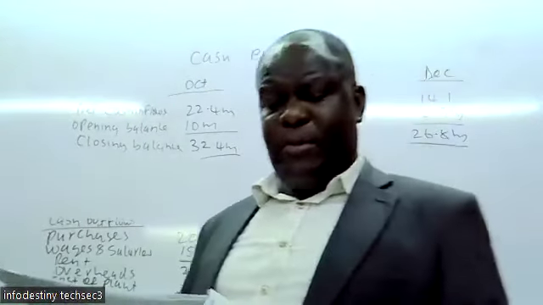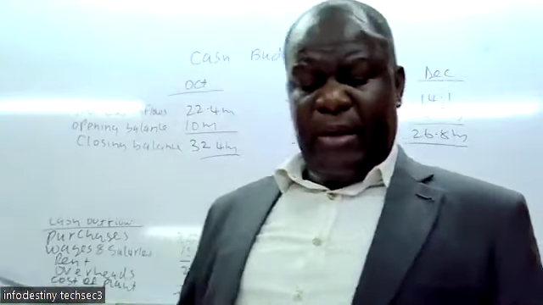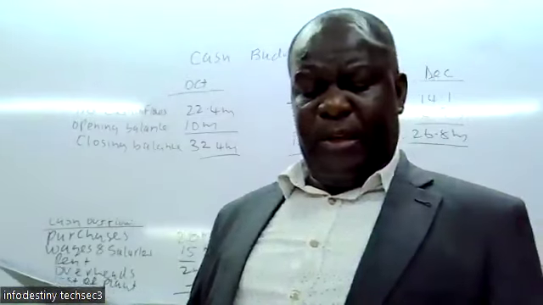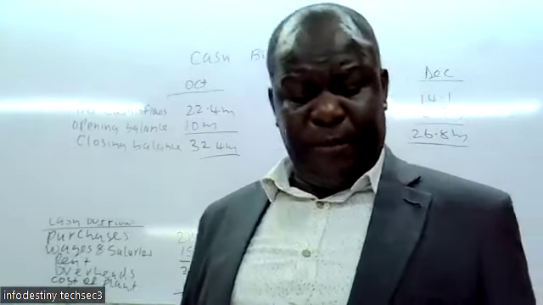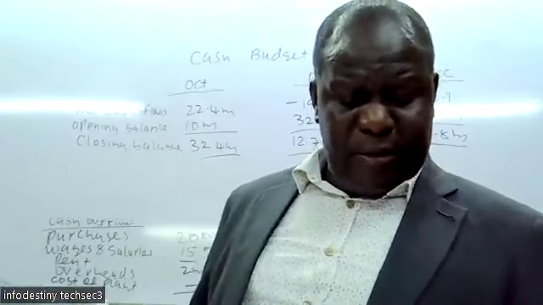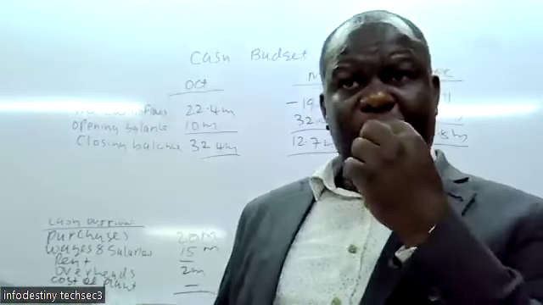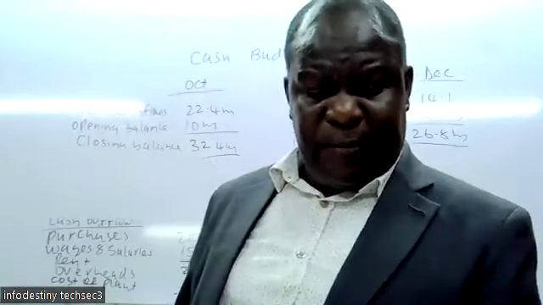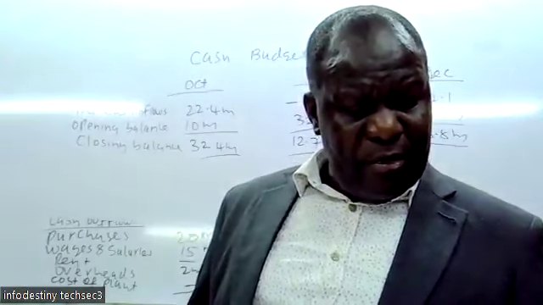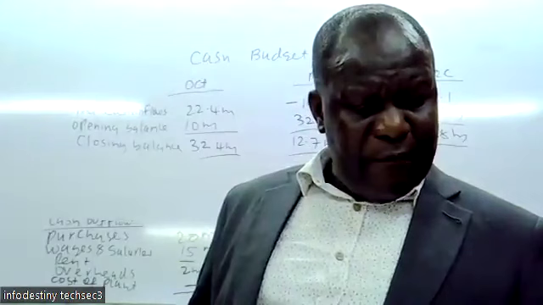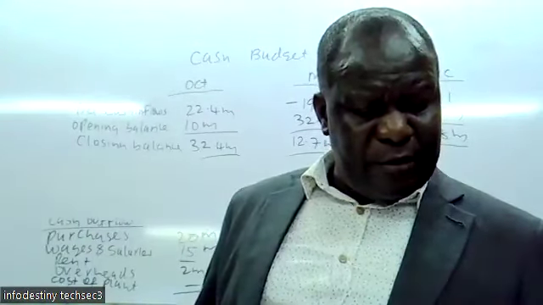For that question 1, part C, for the sitting of April 2022, they were asking you to explain 3 forms of market efficiency. I would like you to go to page 3. When you go to page 3, I've indicated for you the forms of the market efficiency.